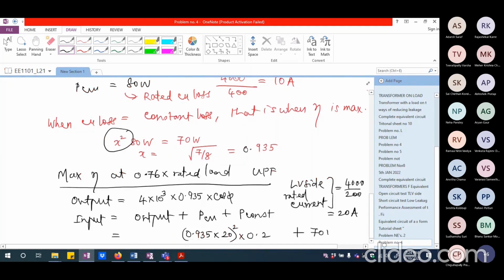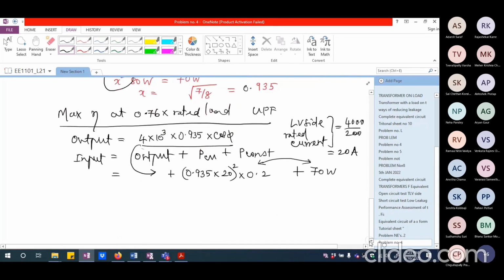Plus, what is the constant loss? Constant loss is 70 watts. Output I have already calculated here, so I have to include it here as well. These two will be equal to each other because we have already derived the maximum efficiency condition, which said constant losses will be equal to copper losses at maximum efficiency. So this I can add.